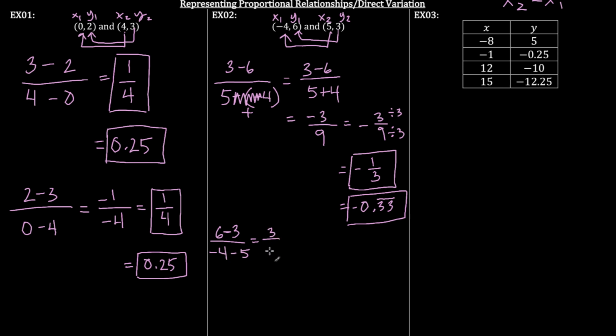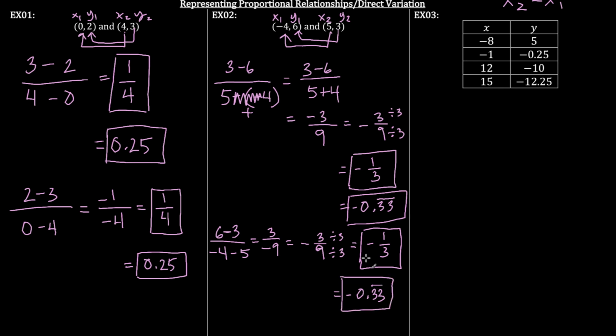Negative 4 minus 5 is negative 9. A positive over a negative is a negative. And we end up in the same situation. So let's simplify by dividing the numerator and denominator by 3. Negative 1/3, which is negative 0.33 repeating. Cool.